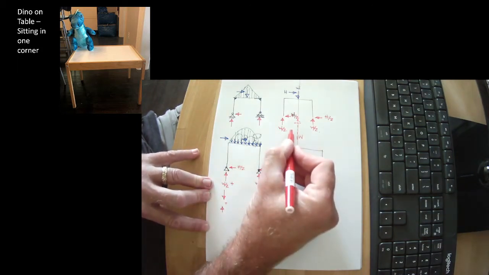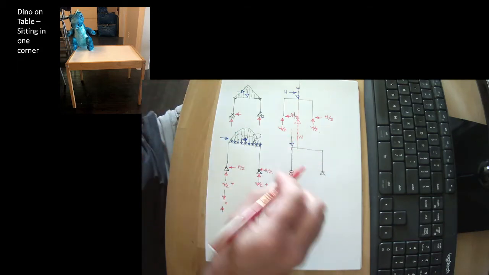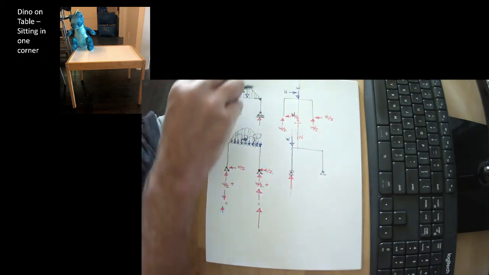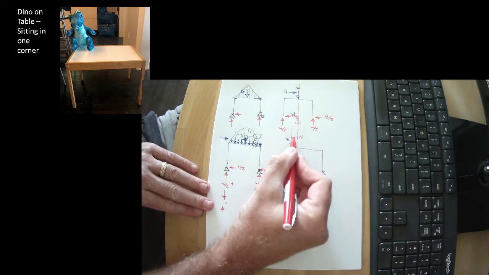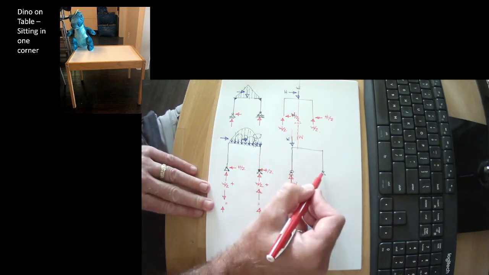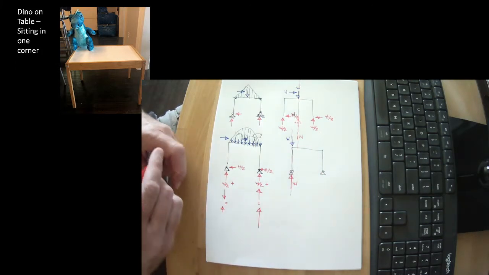In this case, the resultant lines up with the applied load. So we have W, there's our weight. We have W as a reaction, equal in magnitude, lining up through the applied load, and we have nothing on this side at all.